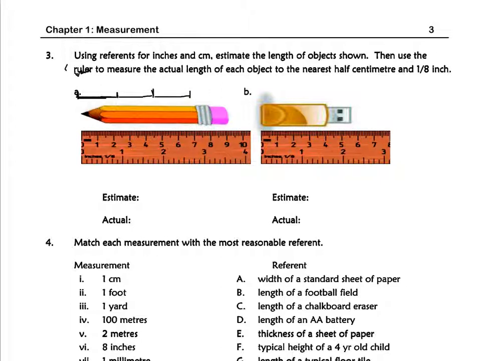I think my middle one's a little bit short. Then I would guess my estimate would be about 4 inches, but I'm a little bit off because it's really only about 3.5 inches, it looks like.